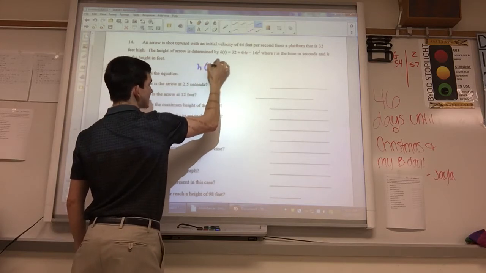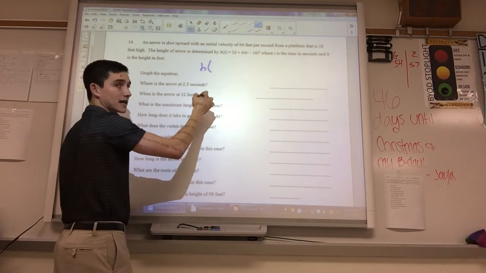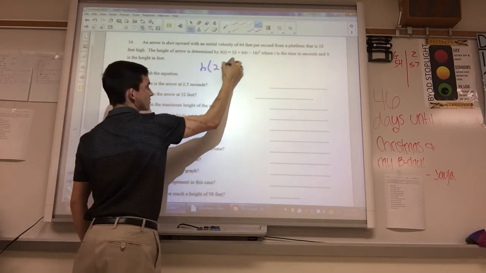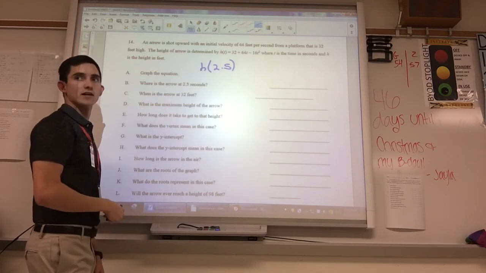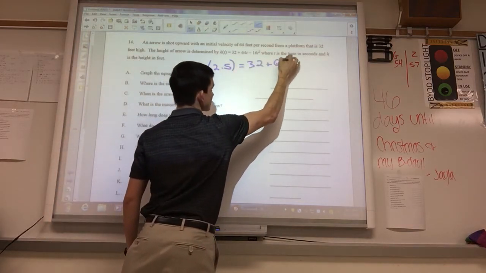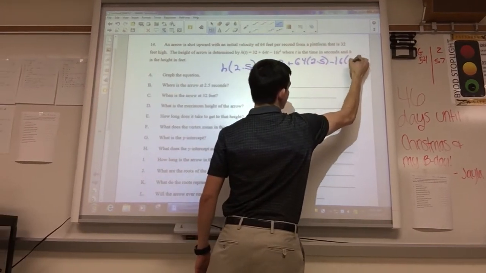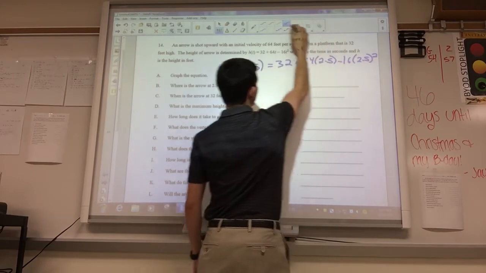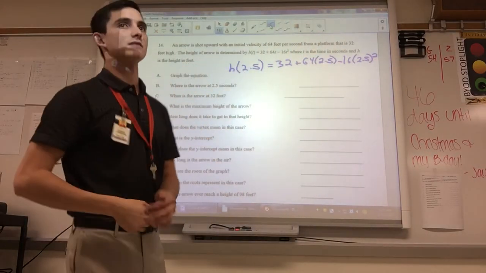So we have the height given time. So check this out. H given how much time? So y'all understand a little bit of function notation. H of 2.5, right? Height given 2.5 is 32 plus 64 times 2.5 minus 16 times 2.5 squared. So somebody, I need you guys, somebody on the calculator going with this stuff. 92.